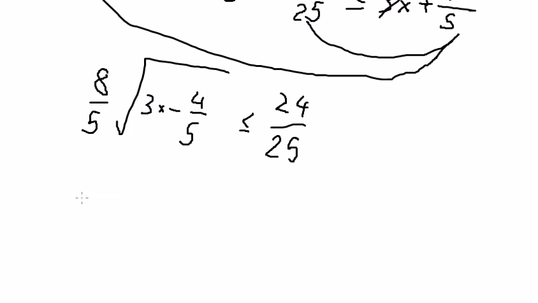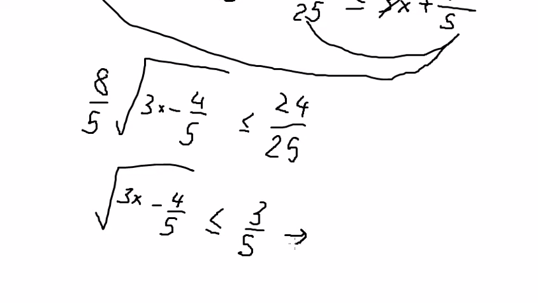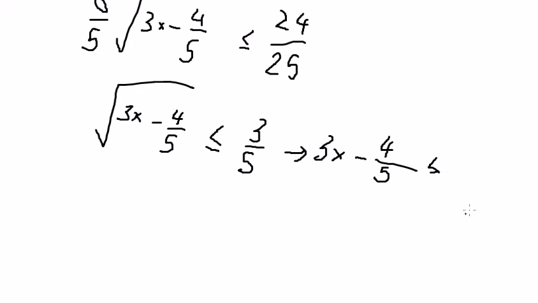We divide both sides by 8/5, so you get 3/5. We square both sides, and you get 9/25. We put this in here, and we can find the value of s.